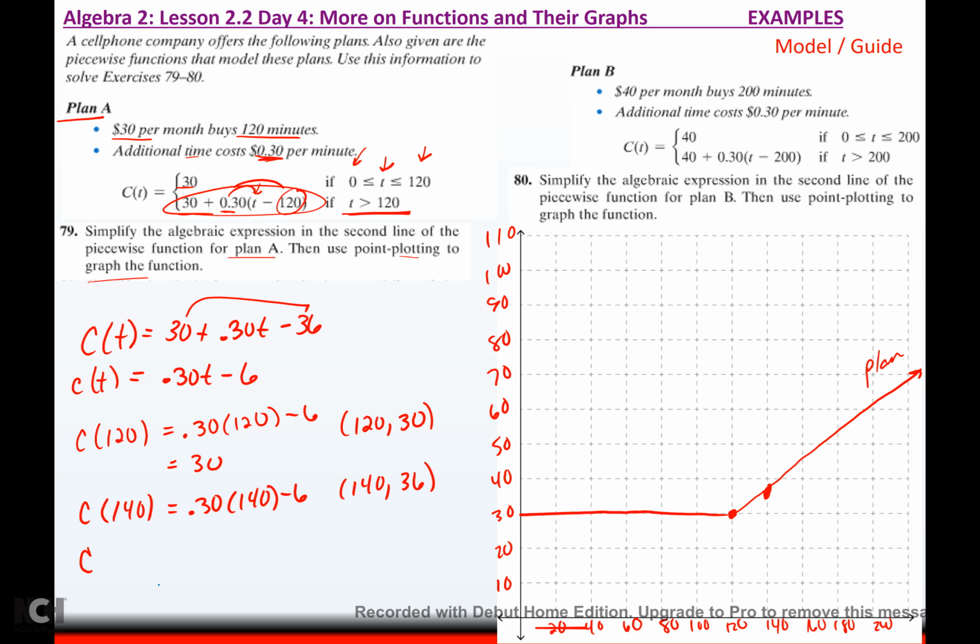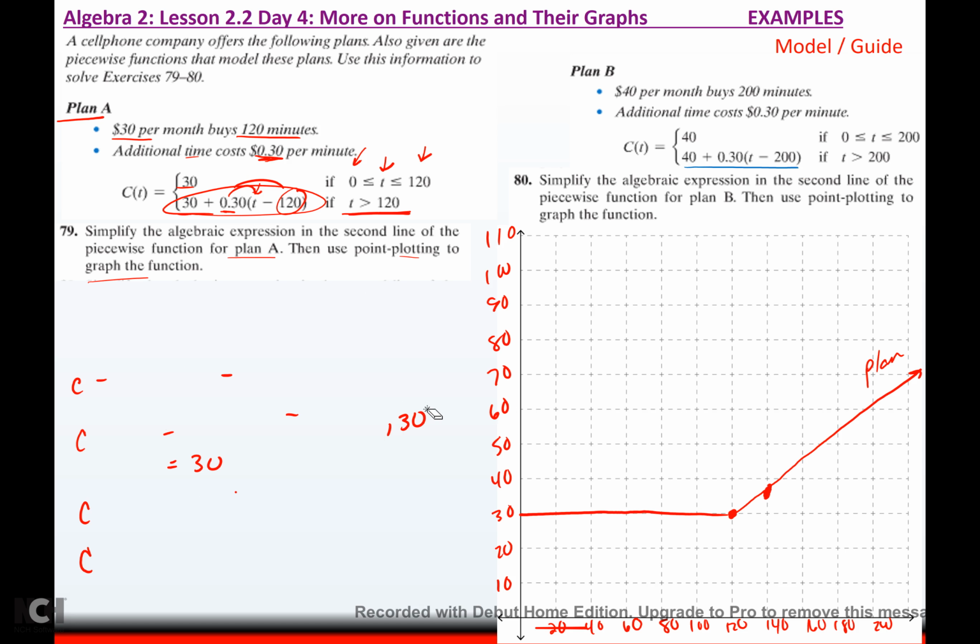Alright, plan B, again, it wants us to simplify the algebraic expression on the second line and then use point plotting to graph the function. So, I apologize, I'm going to have to erase this. Let's see, to do plan B, I have 40 plus 0.30 times t minus 200.